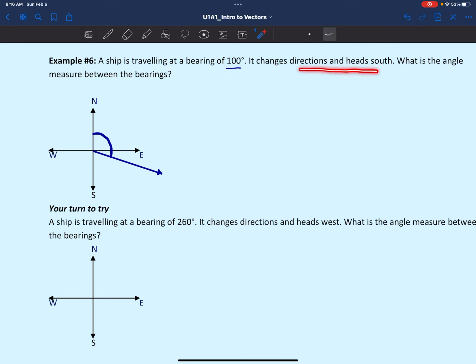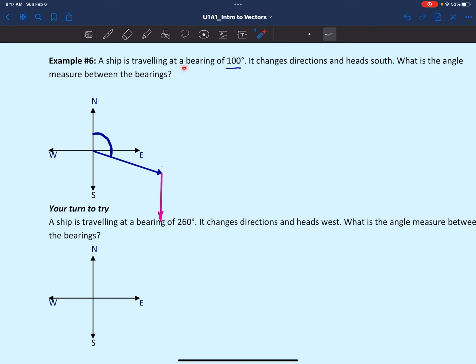And then it changes direction and heads south, which means that this object will go south. Now remember that if I drew this vector down here, which will describe exactly where the object is going, this will describe the south motion. So the bearing vectors will be the blue one and the pink one.